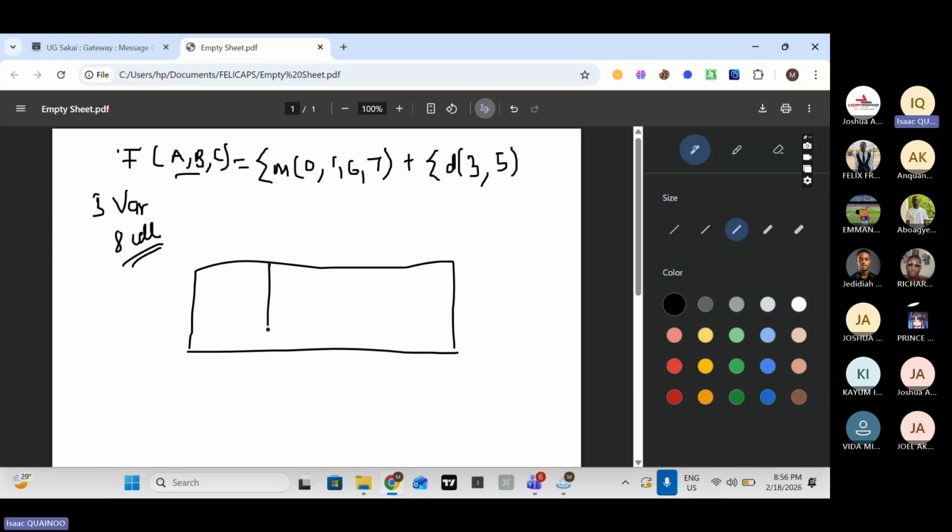So we have 1, 2, 3, and then this right here.